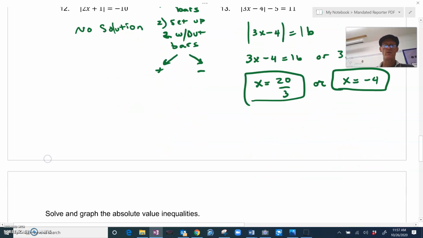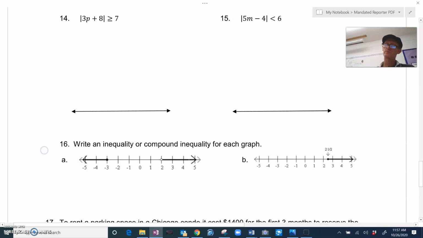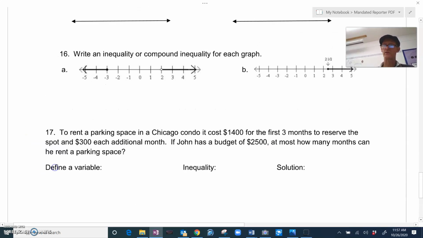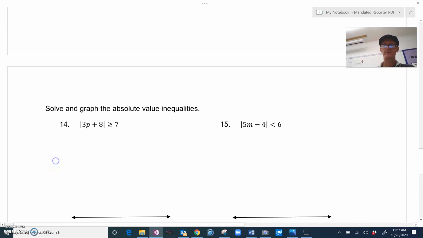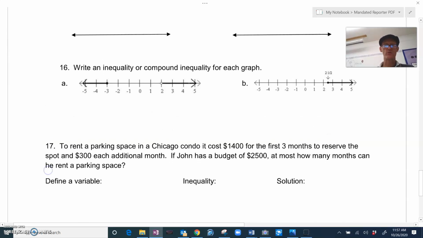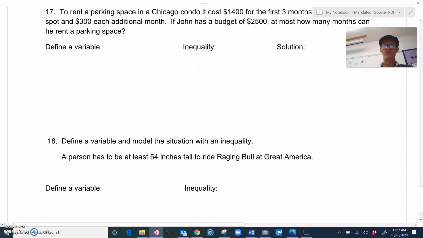Okay, now I think these are the hardest. All right, and then we have a word problem. So we'll probably end up doing another video to finish these off. So I'll just do 14 through 18 on a second video.